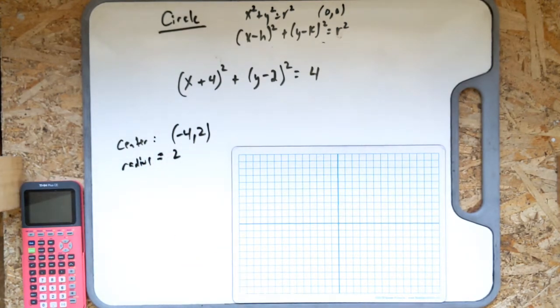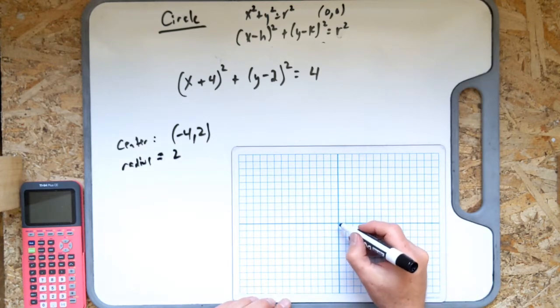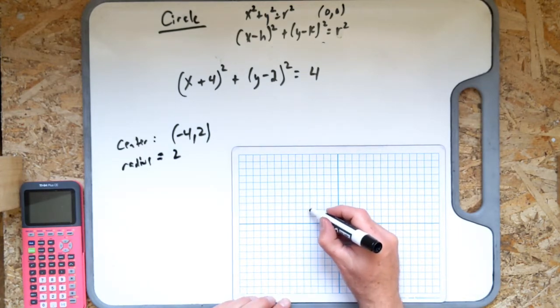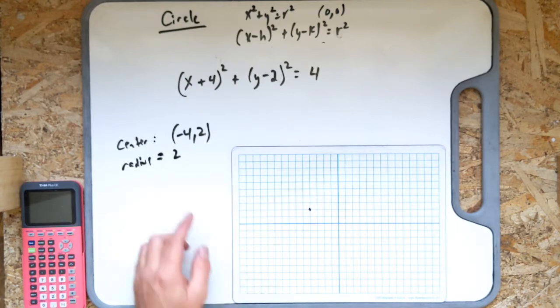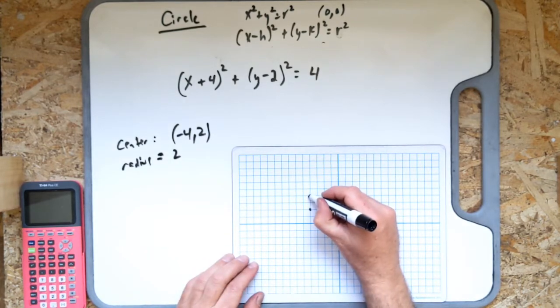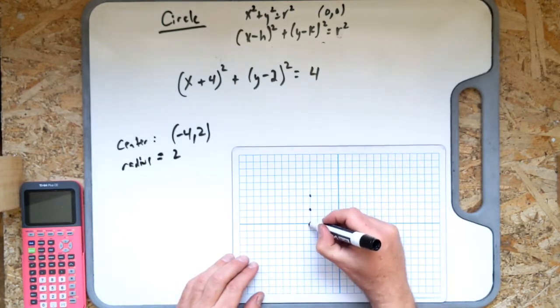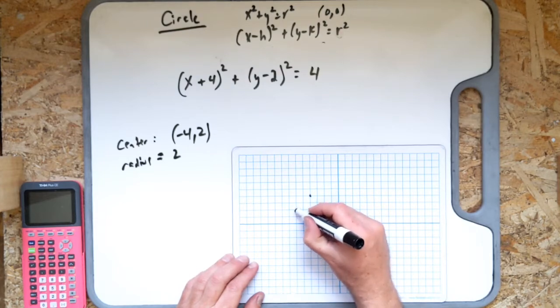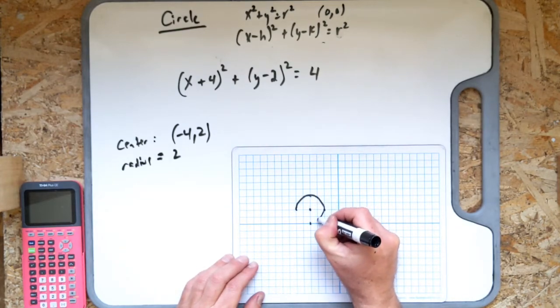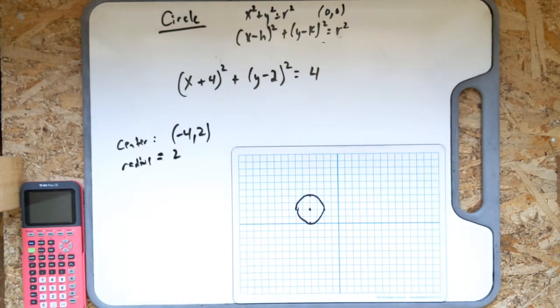And I can graph it from that without plugging any points at all in. I can just graph the center, which is -4, +2, and then I take the radius and I count out from each side, from the center, 2 up, 2 down, 2 right, 2 left, and I graph like that. And there's my circle, just from this equation.